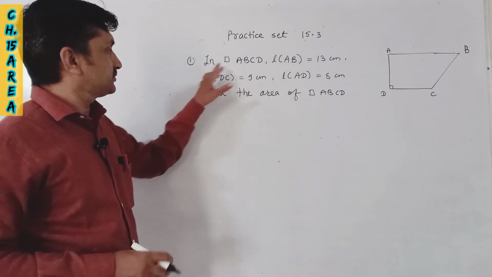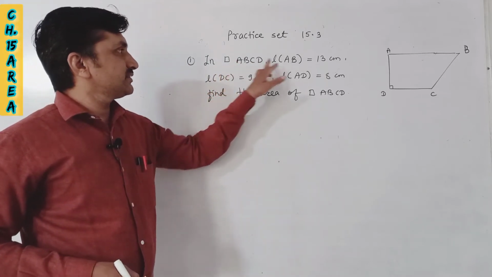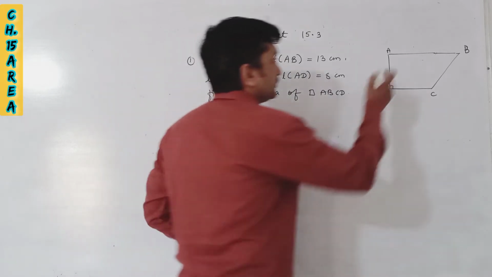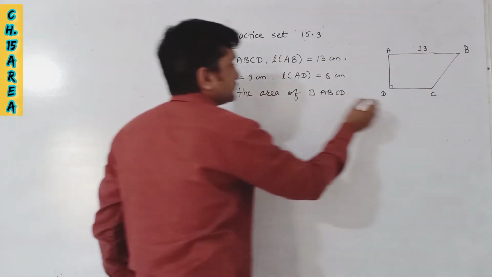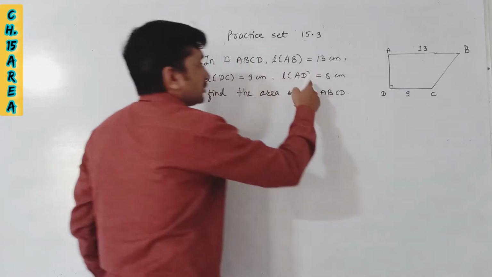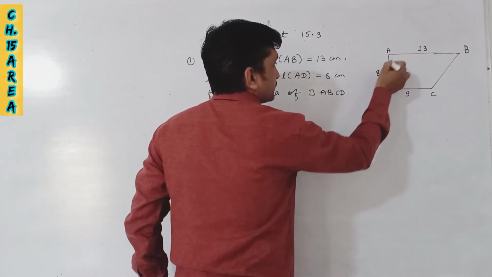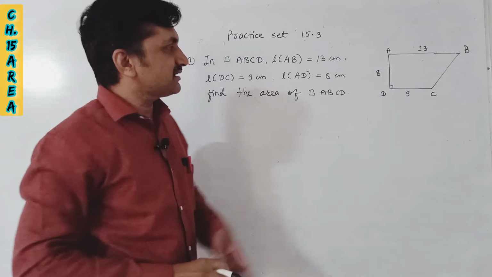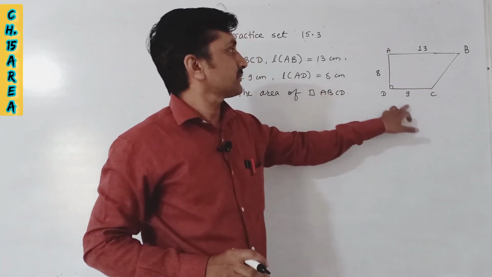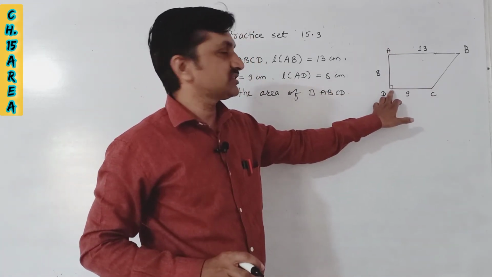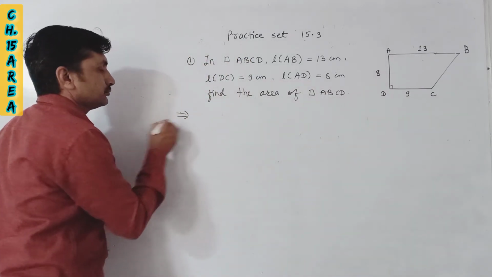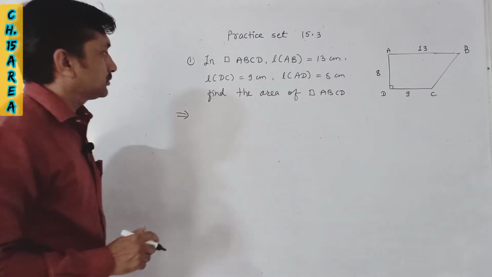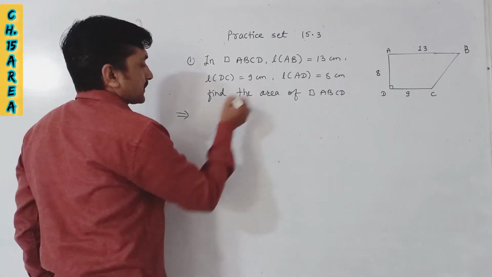First example is, in quadrilateral ABCD, AB is 13 centimeter, DC is 9 centimeter, AD is 8 centimeter. Now here AB and DC are two parallel sides and here is perpendicular, means it is height. AD is height. Now we can solve it. All values are given.